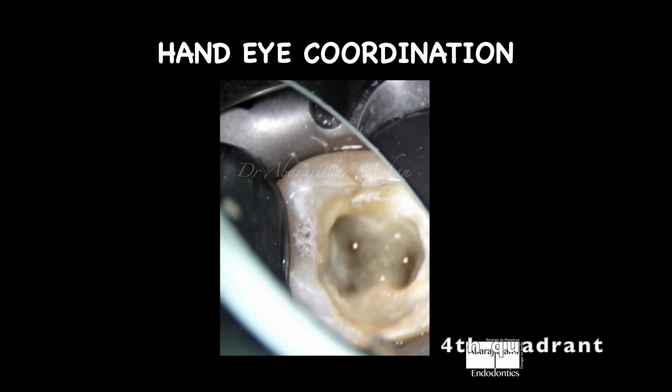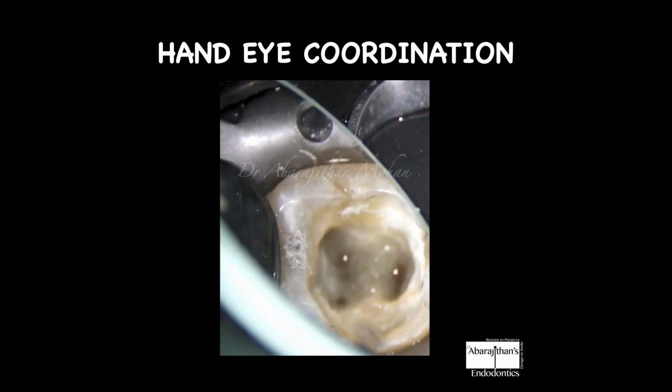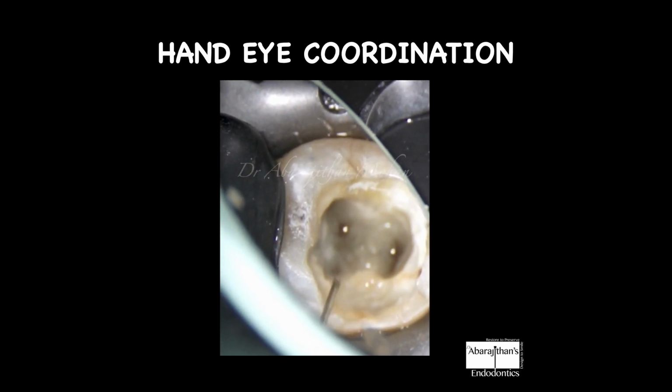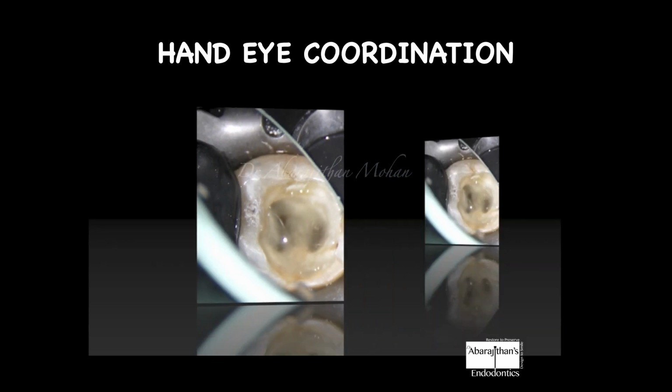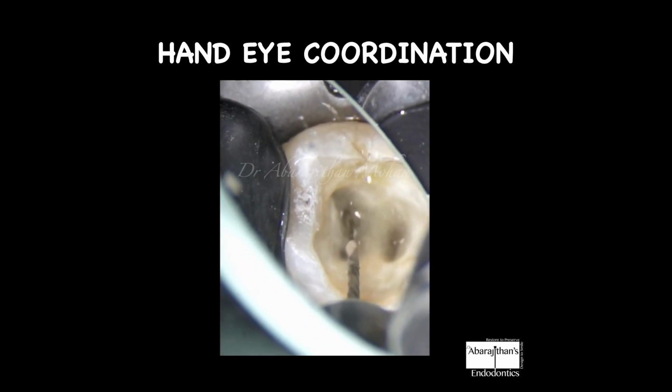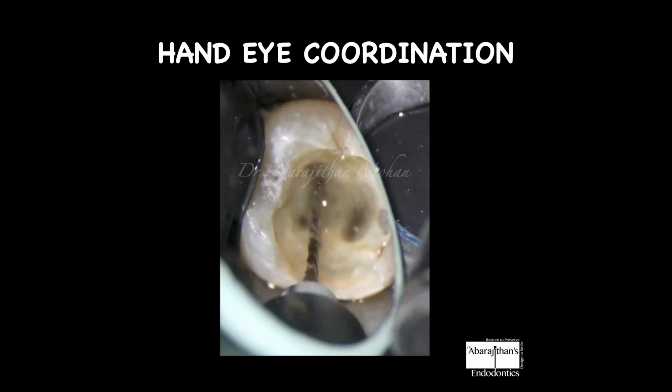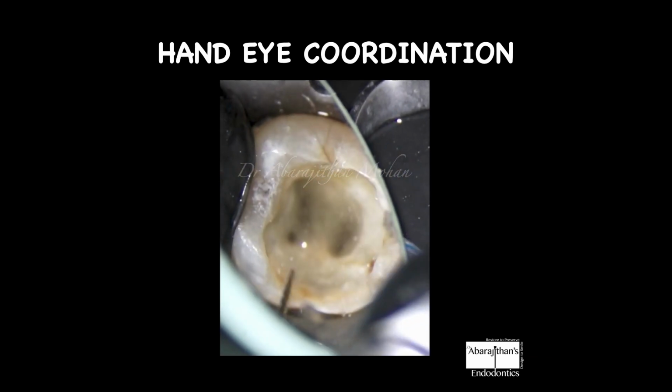So this is how we focus with the help of mouth mirror and probe, and you can see that once you achieve this hand-eye coordination, even in mandibular molars, the entire endodontic procedure can be done through indirect vision with magnification, making you enjoy the entire procedure.